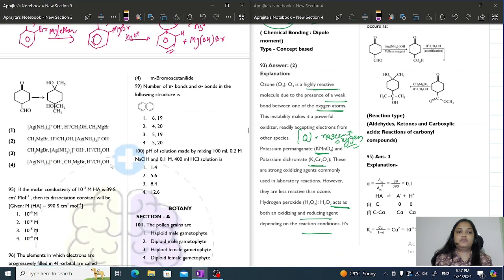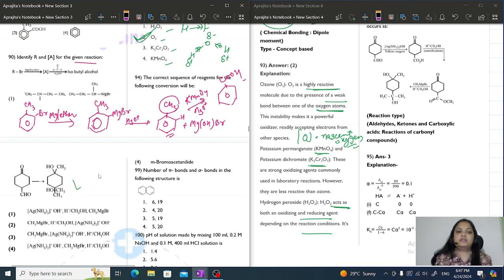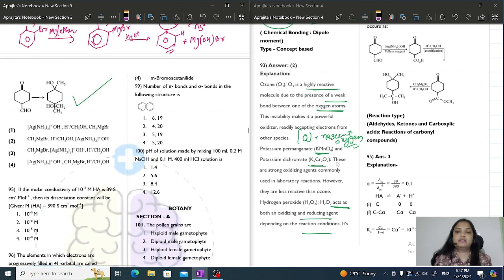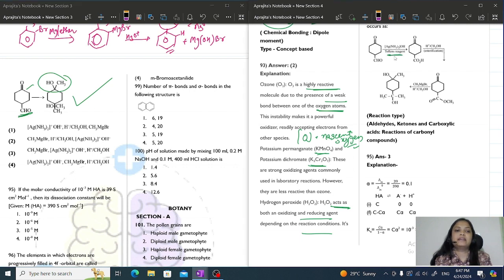Question number 94. There is a reaction given in this case and we need to write the sequence. Here we can see that a ketone is being converted to an alcohol group, and an aldehyde is being converted to a tertiary alcohol. So let's see what happens. Firstly, we have this aldehyde group, so we will add Tollens reagent, which will convert the aldehyde to a carboxylic acid.